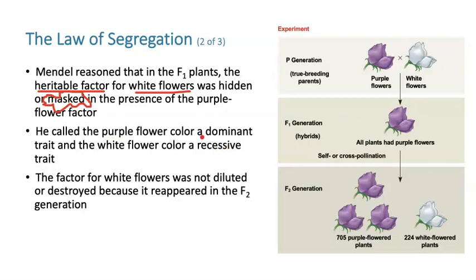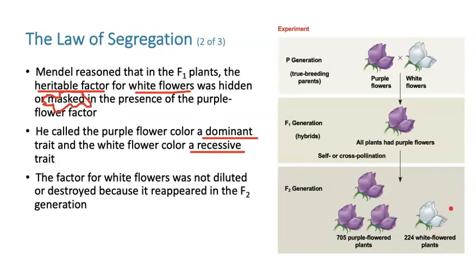So we use this term dominant to refer to, and here's the definition, any trait that masks the other possible trait in a hybrid, in the F1 generation, right? And we do have a term, recessive, to be aware of. That's the one that is masked.